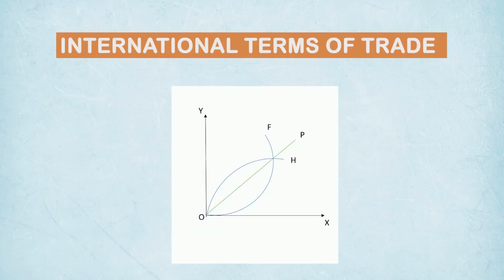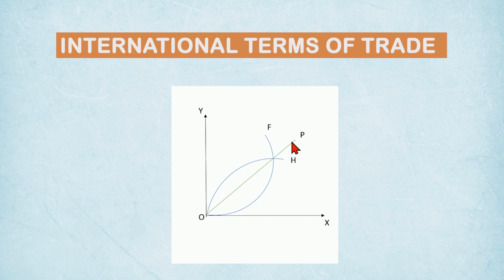Now, depending on these two offer curves, I can get the equilibrium, and the equilibrium price ratio is called the equilibrium terms of trade. And how is it? The equilibrium terms of trade looks like this. Now, this is the offer curve for country 1, and this is the offer curve for country 2. And look at the point of intersection. You connect the point of intersection with the origin, and you get a line like OP.